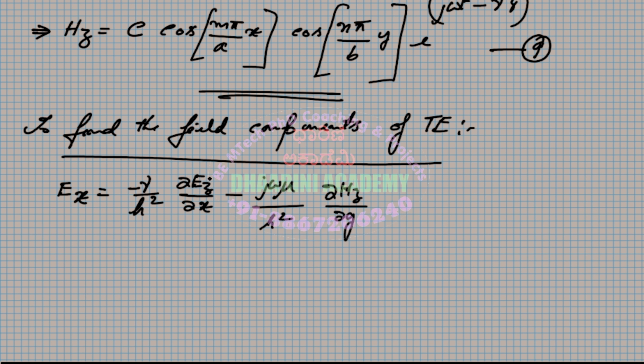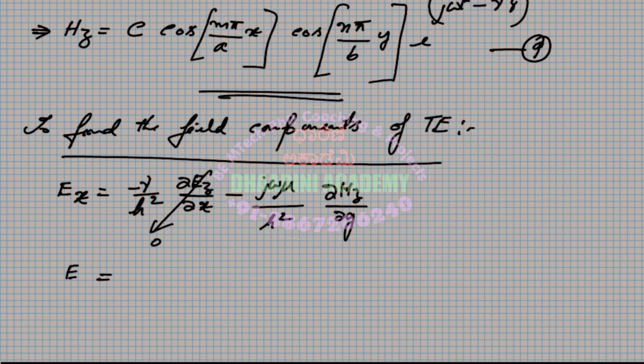Again, the first term is not there. I don't have to write it, substitute only the next half, minus j omega mu by h square. Only that term you write, but don't write equal to 0 on the left side. It's not 0. It's not a boundary condition. Right now, we are inside the waveguide. So this is Ex.